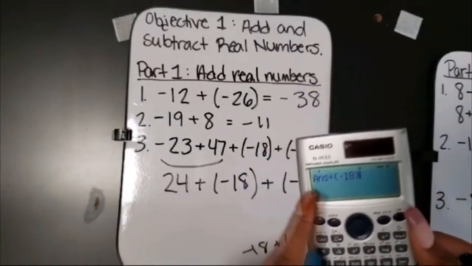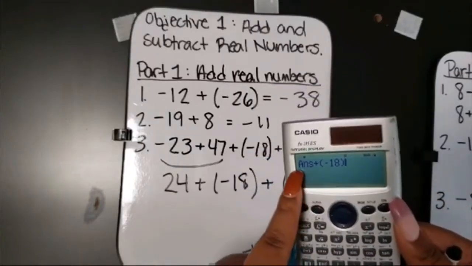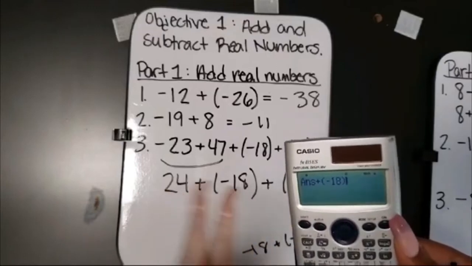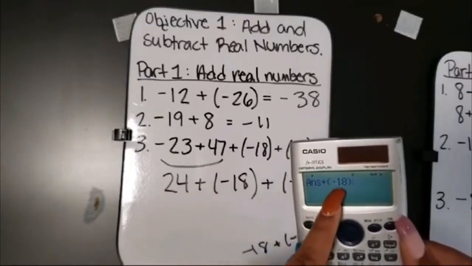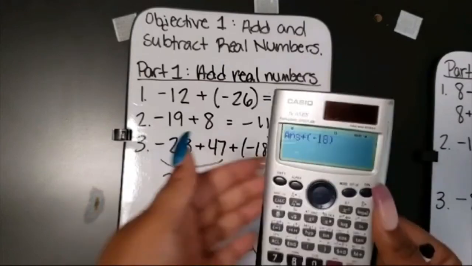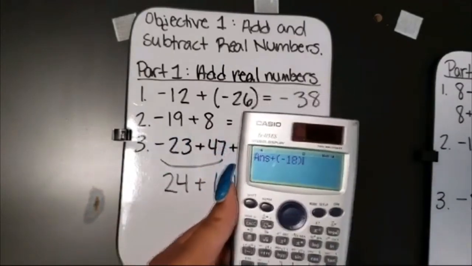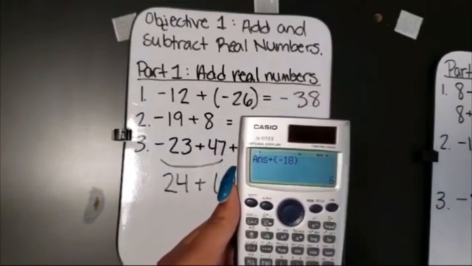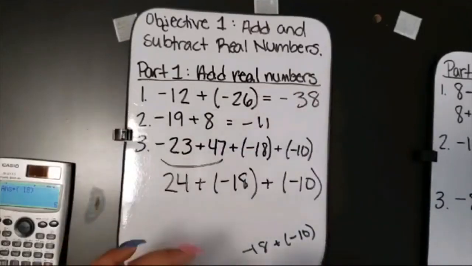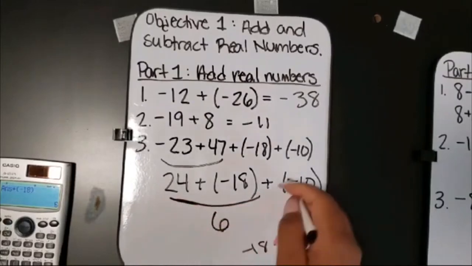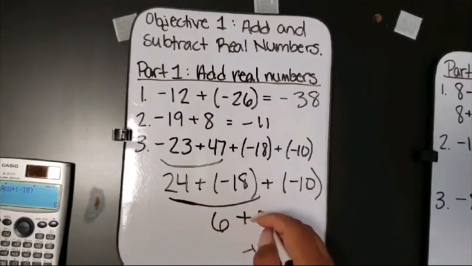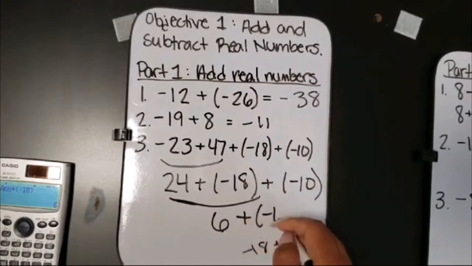All right. So it has the 24 saved in there. Then we get 6. So this is 6, and we bring down our plus negative 10.